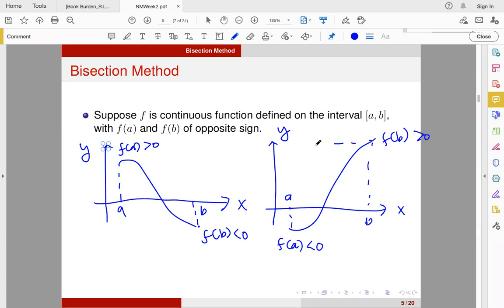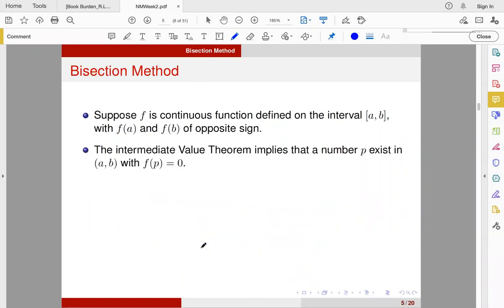And this is the range of the function, from something to something. And this is the point that we want to find, the point c such that f(c) = 0. Also here, f(c) = 0.